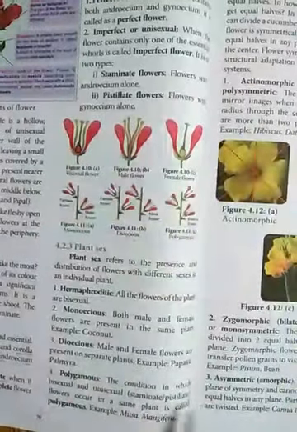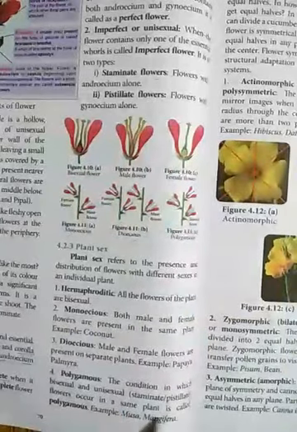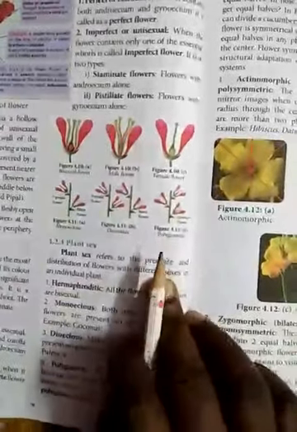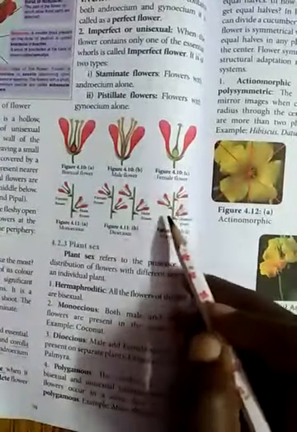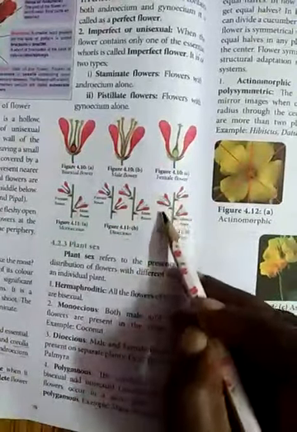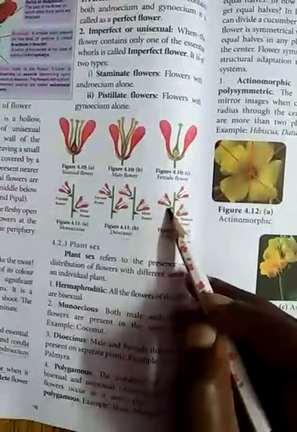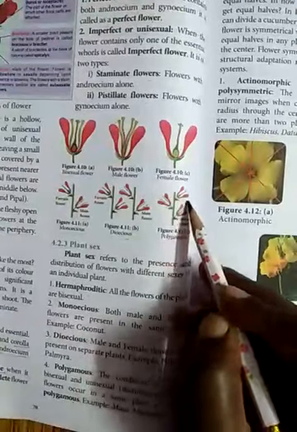Polygamous. The next type is the polygamous. The condition in which bisexual and unisexual flowers occur in the same plant is called polygamous. Here you can see in the same plant, a female flower is there, a male flower is there and a bisexual flower is present there.